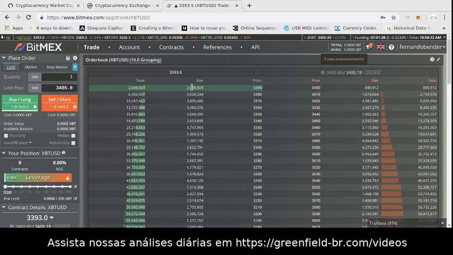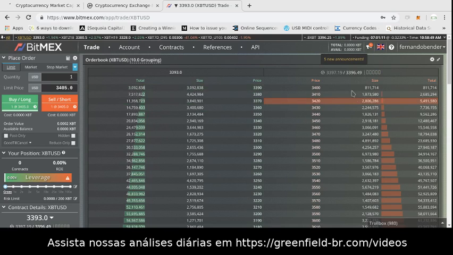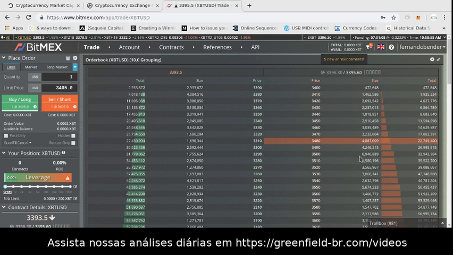Now we acknowledge that it is falling now about $10. I think the downtrend may have started. We see a selling pressure, not much in the near range. We see some pressure here around 3,500. So that's what we believe is where the price will suffer great resistance according to this level.